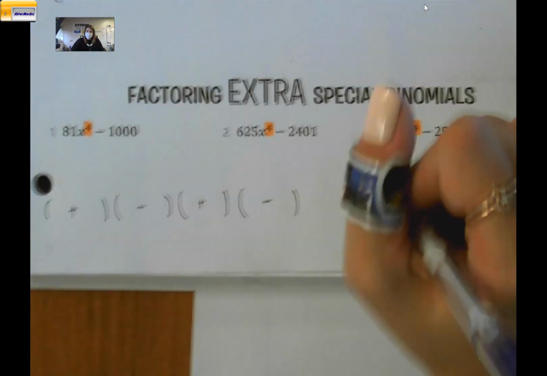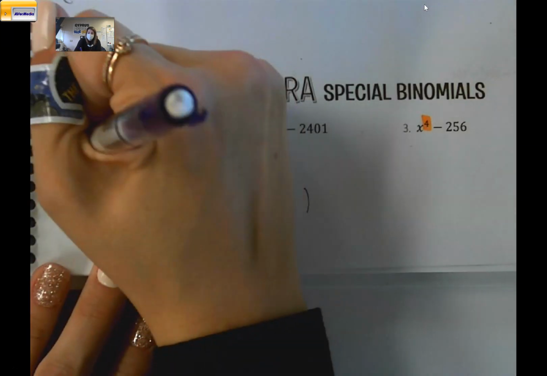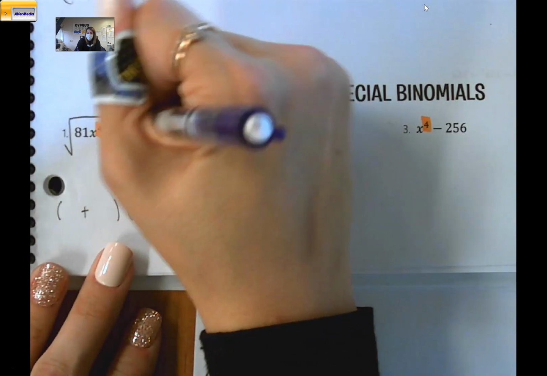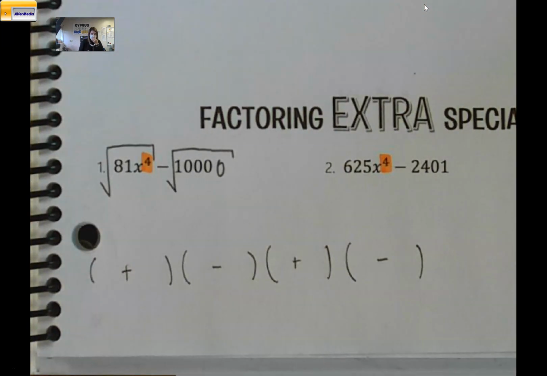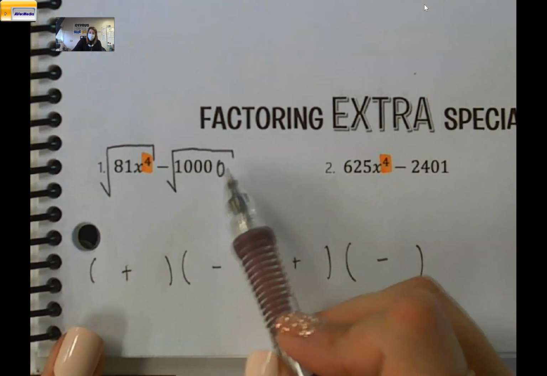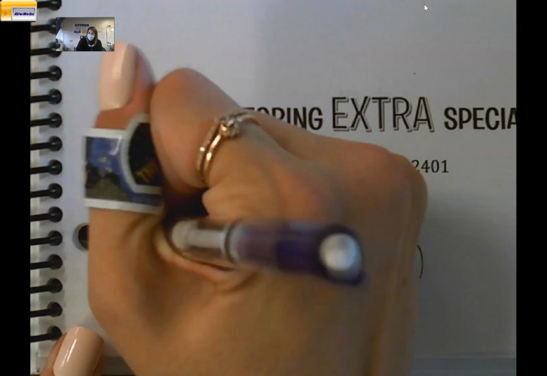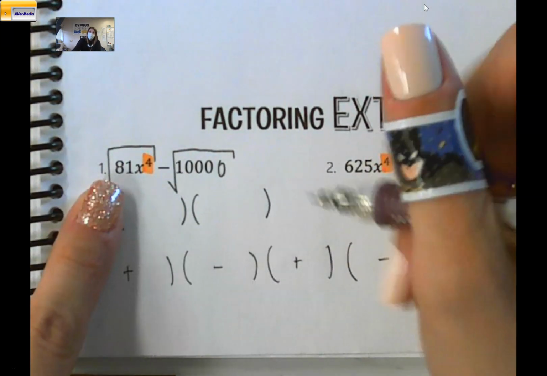So let's see how this happens. Process is the same. You take the root of the first term and the root of the second, except the second should be 10,000, not 1,000. Make sure you fill in that 0. Okay, if you take the root of these, you get root of 81 is 9.